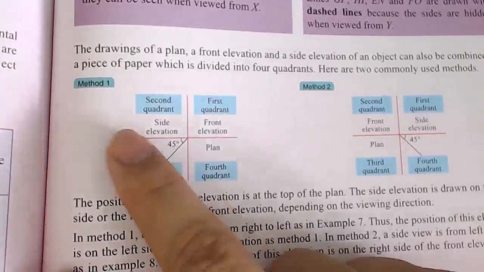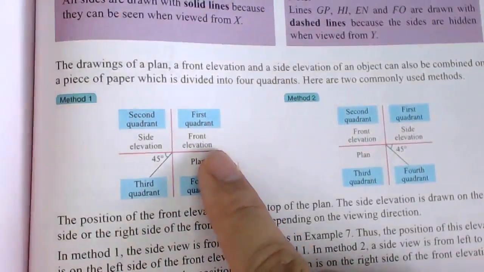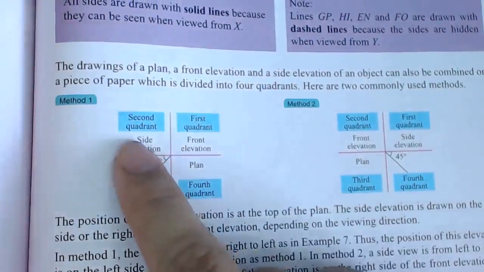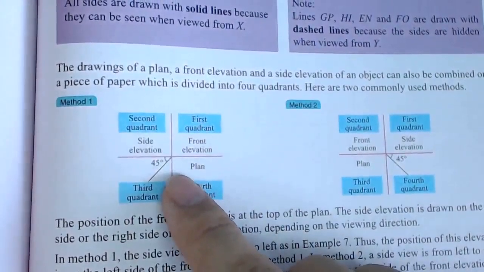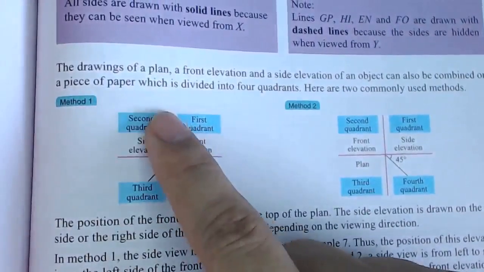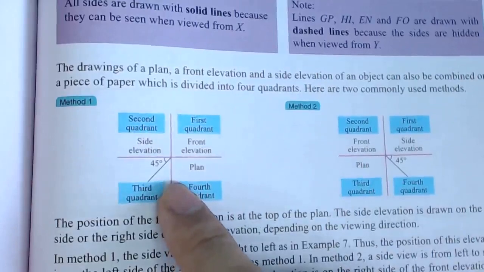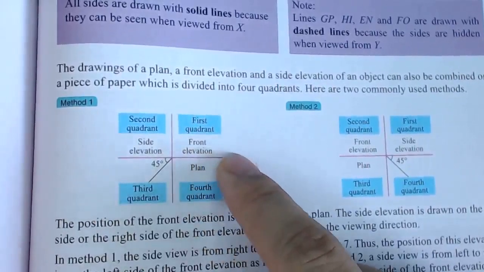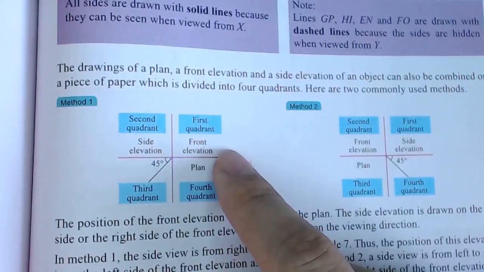As you can see here, we got 4 separated parts, and those 4 separated parts are separated by the middle line here, which is what we know as y-axis, and the horizontal line here, which is what we know as x-axis.